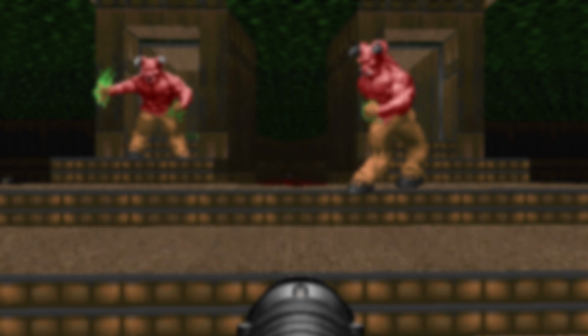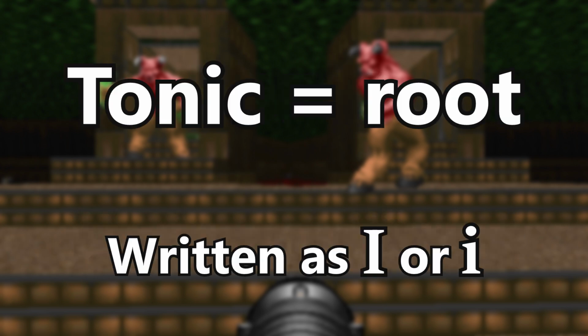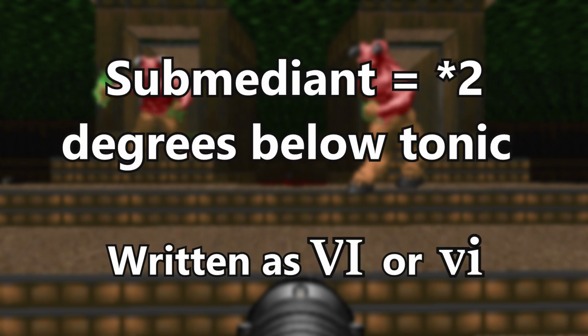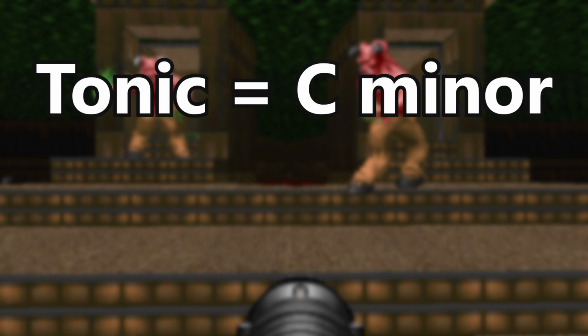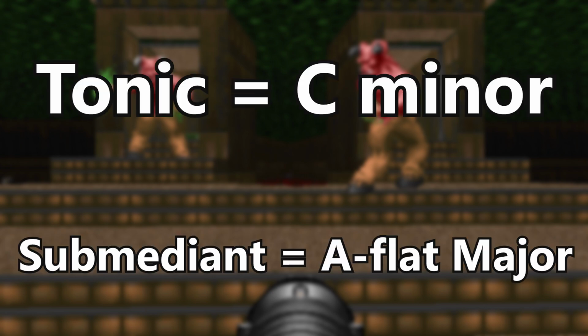In music theory, the tonic chord is chord 1. It's the root chord of any given key. The submediant chord is the 6th chord of a key and falls 3 degrees away from the tonic chord in a scale. So, in this case, because Sign of Evil is in the key of C minor, its tonic chord is C minor, and the submediant chord is A flat major.